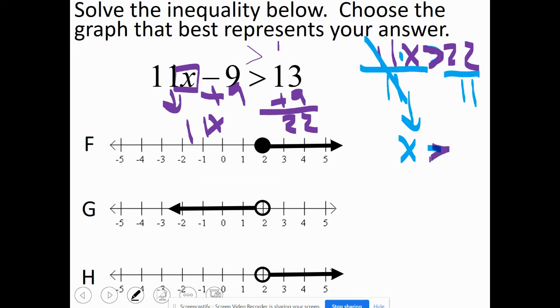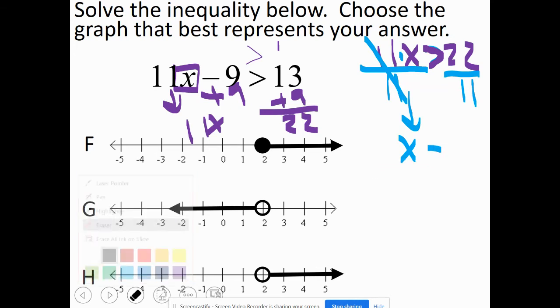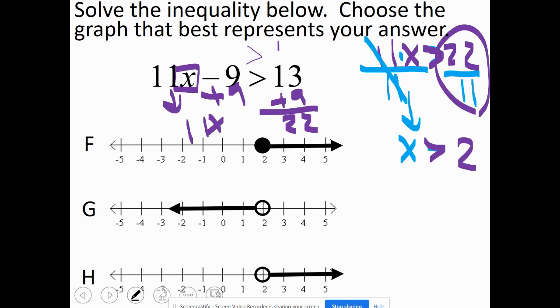So our inequality stays like that, and we just have to do what 22 divided by 11 is, and that's 2.